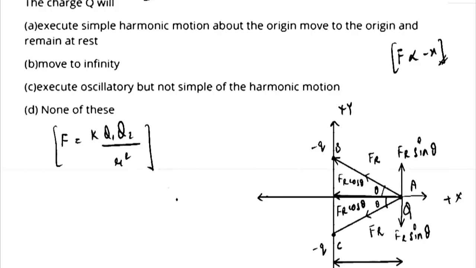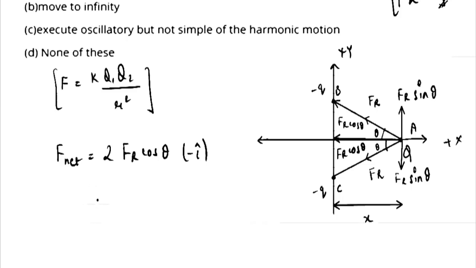So the net force acting on the plus q charge would be given as, let's say, F net, and this will be equal to 2 times Fr cos theta, occurring in the direction of minus i cap, towards the origin. This will be given as 2 into the magnitude of Fr, which is K into Q1, that is capital Q, into Q2, that is small q, divided by distance whole square.